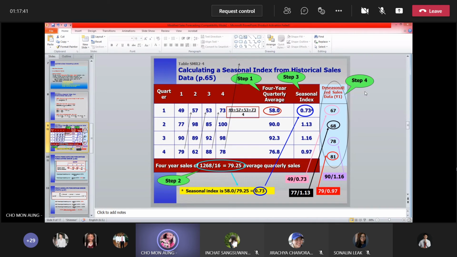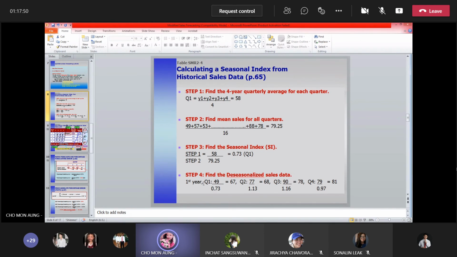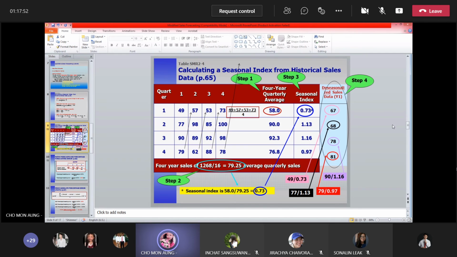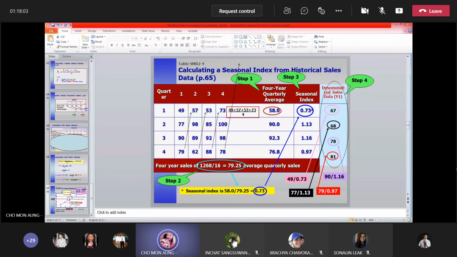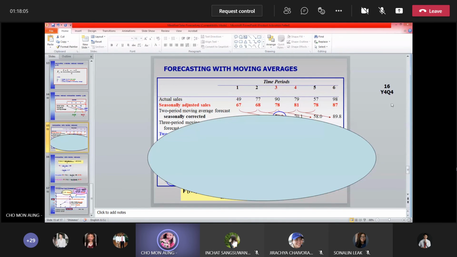You guys have to add 3 more columns, year 2, year 3, and year 4. And you repeat step number 4, so you have the deseasonalized sales data already, starting from year 1 until year 4, quarter 4, up to period number 16.